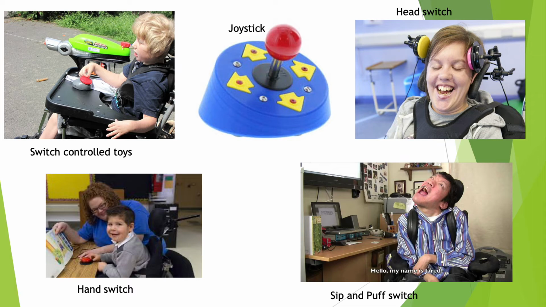In the middle, there's a joystick, so if a student has the mobility to go in different directions. There are head switches. There is a sip and puff switch, so students can puff into a straw or sip on a straw, and it makes different things work. Different lights come on, fans come on, letters typed on a computer, whatever you can program it to do. So there are many different types of switches.